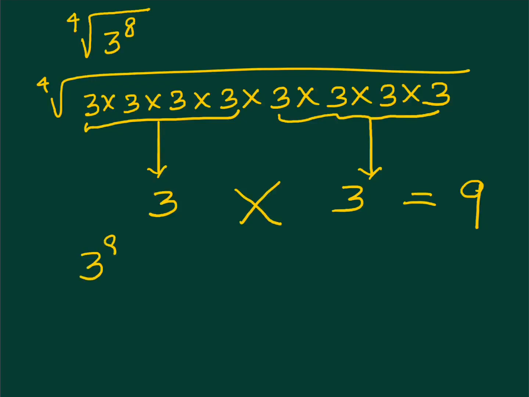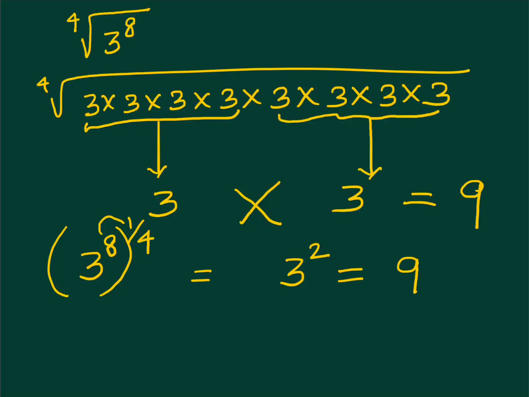So 3 to the power 8, what did we do? We took 1/4 of the power and we got it as multiplying the 2. 4 times 2 is 8 and we get the answer as 9. So would you like to help me state the law over here?